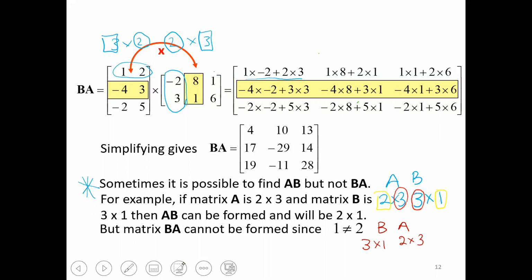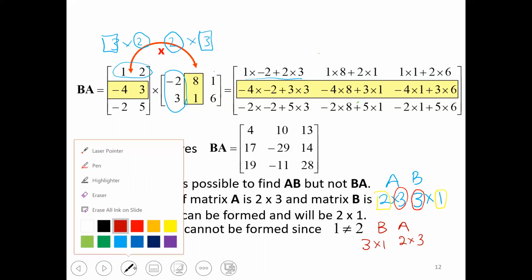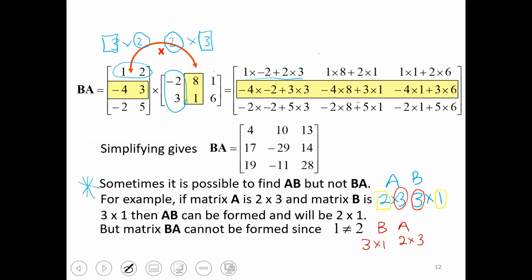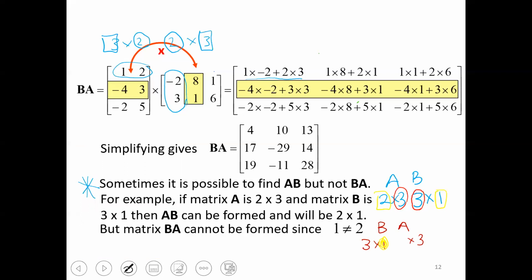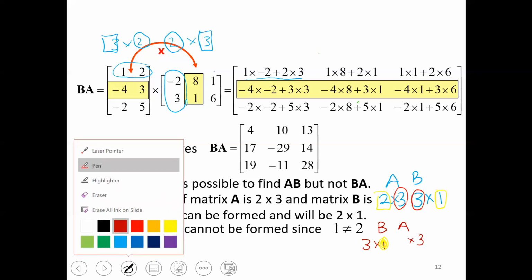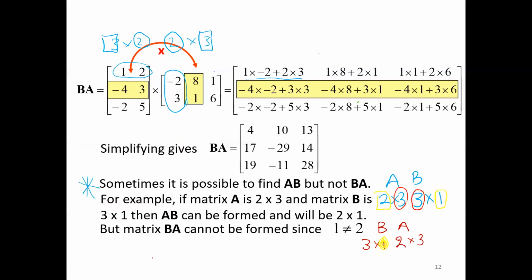We cannot form BA because the two numbers in the middle are not the same. As you can see, 1 is not the same as 2, so we can't multiply them.